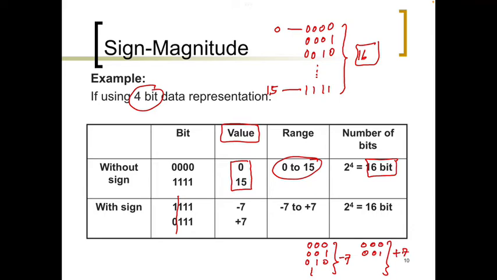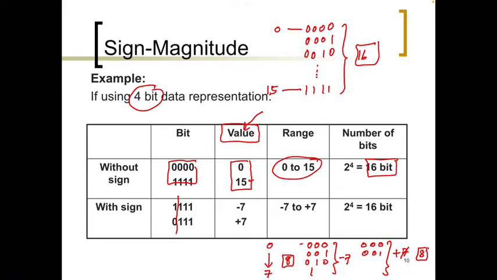So with sign, the value that is possible for us to represent with the bits is only 7, compared to without sign, where the value goes until 15. Actually the total number possible here is 8, because we have 0 to 7.